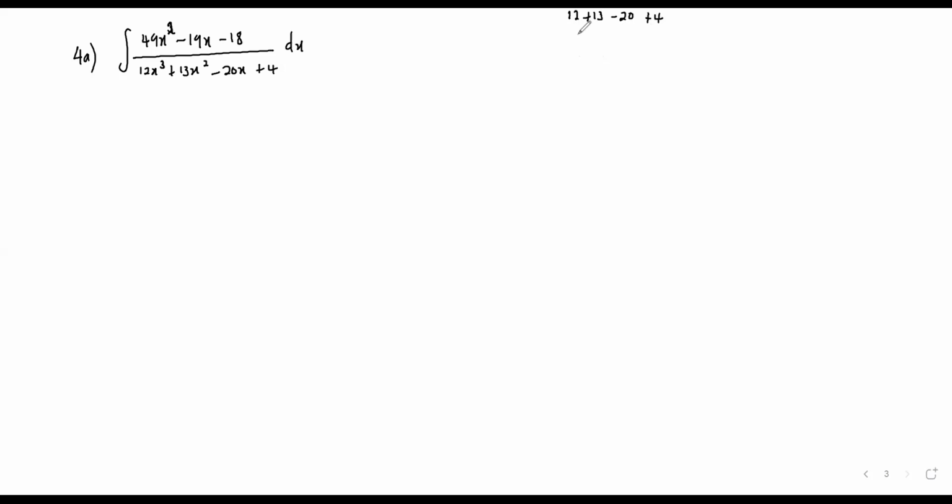That can't be a 0, right? And no, it cannot. What about negative 1? It will be negative 12 plus 13 plus 20 plus 4. No. What about 2?